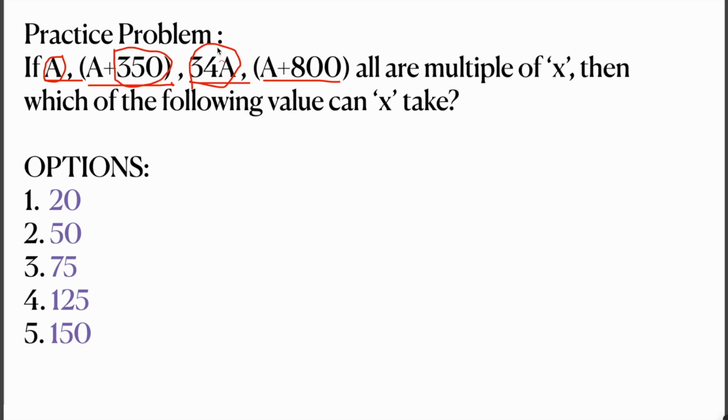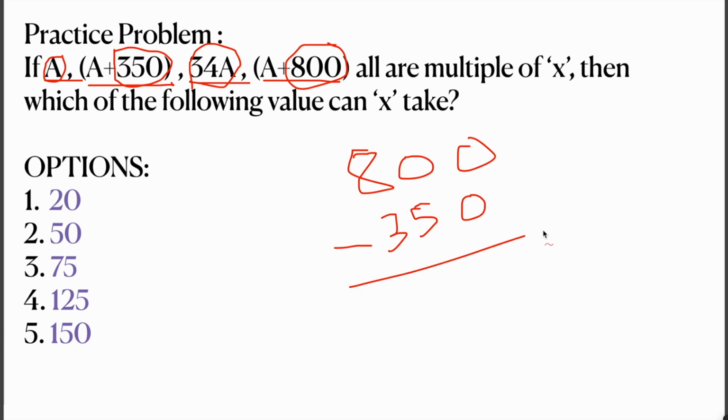So here 350 and 800 both should be multiples of x. So here we can see that 800 is a multiple of x and 350 is a multiple of x. So if both of these are multiples of x, then the subtraction of them will also be a multiple of x.